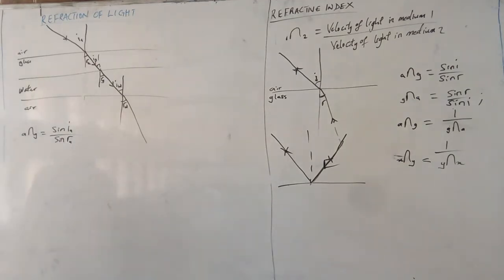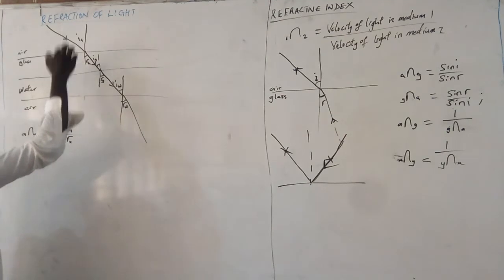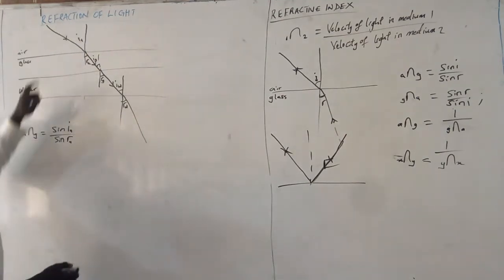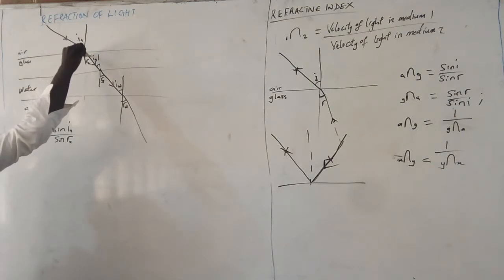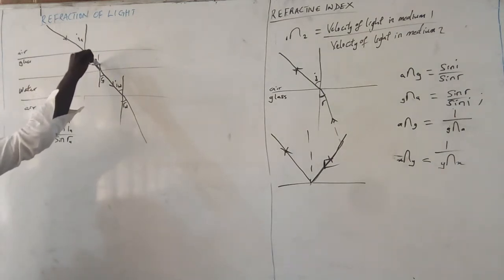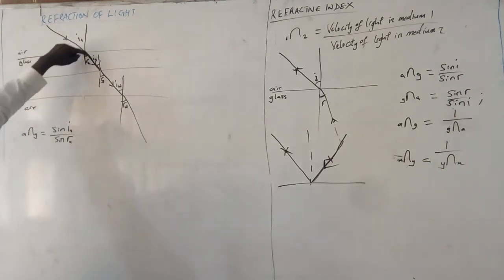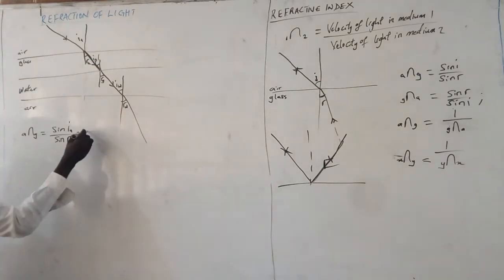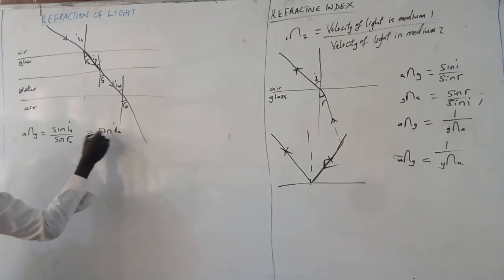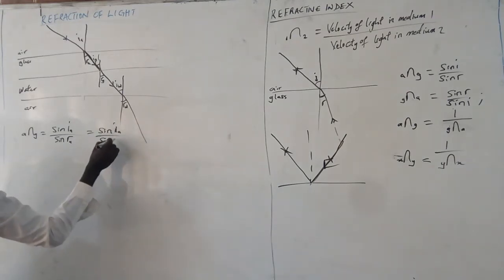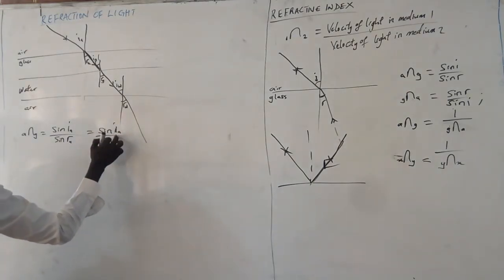Now, if you look clearly at this diagram, you will see that RA, the angle of refraction of air, is an alternate angle to IG. So that means this is the same thing as sine IA all over sine IG.